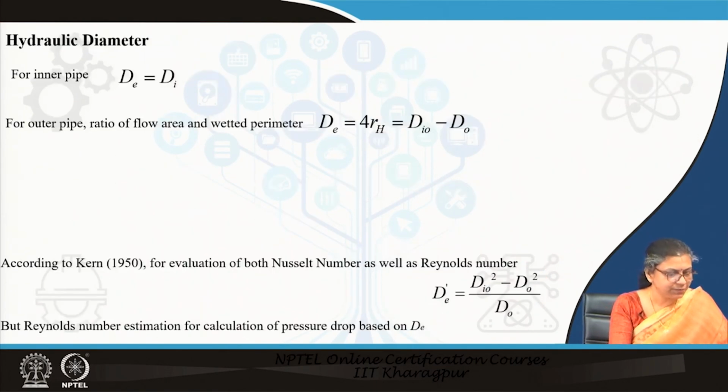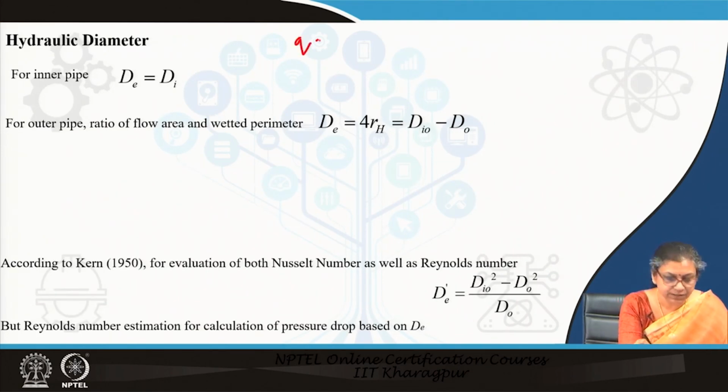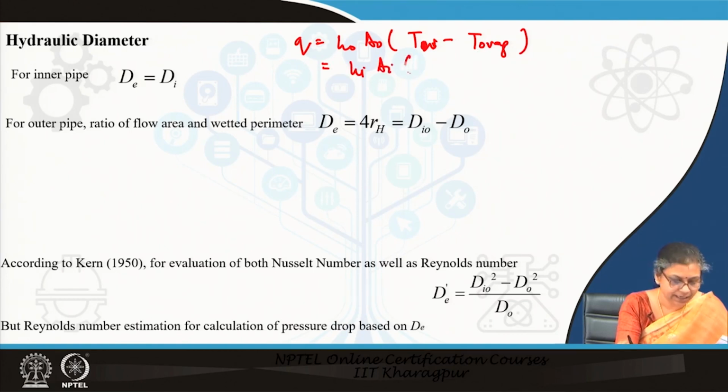So, therefore, in this particular case you can find out that Q is equal to, I will just write it out once more, HO AO (TW minus TO average), since the outer fluid is the cooler fluid. This equals HI AI (TI average minus TW).